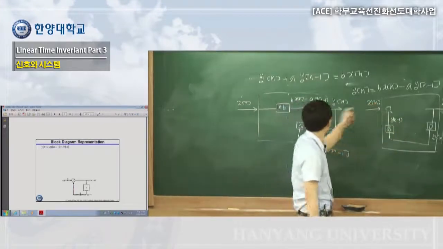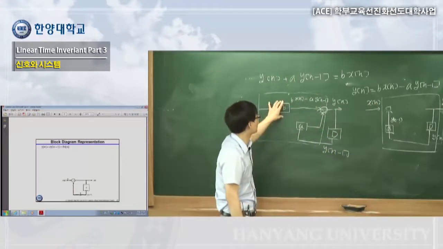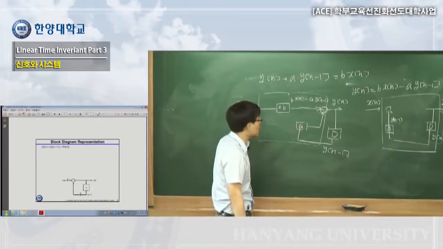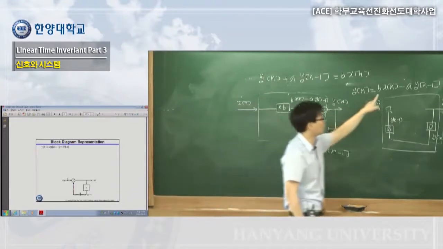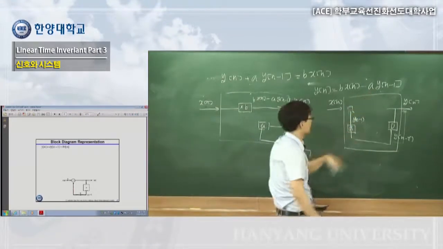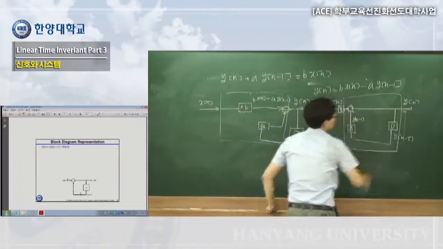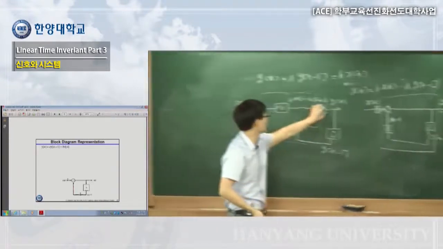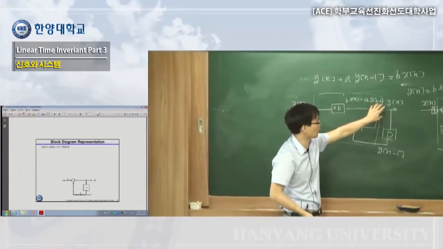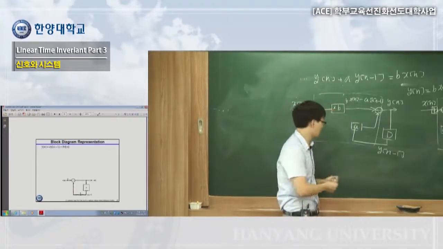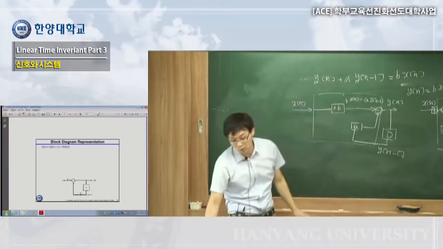So if you put b, you should put it in front, because this b doesn't have to be multiplied in here. So we put b in here, put them together, and take it out. So we can do something similar, but we can remove this one from outside, bring it to the front. That's how this picture shows in here.